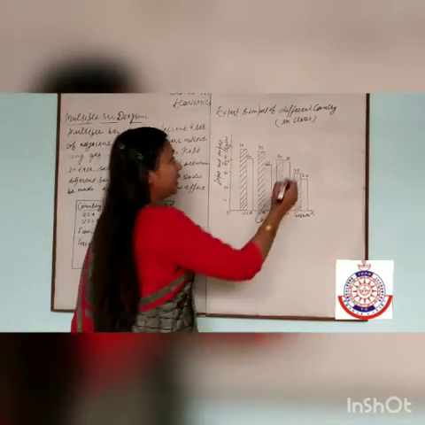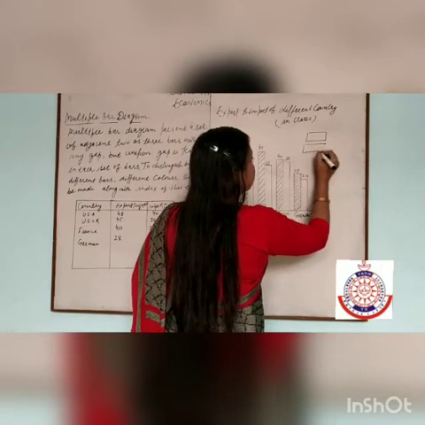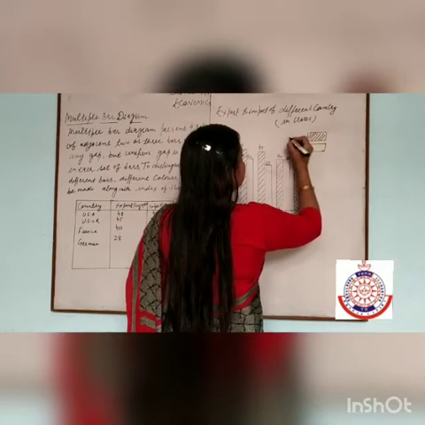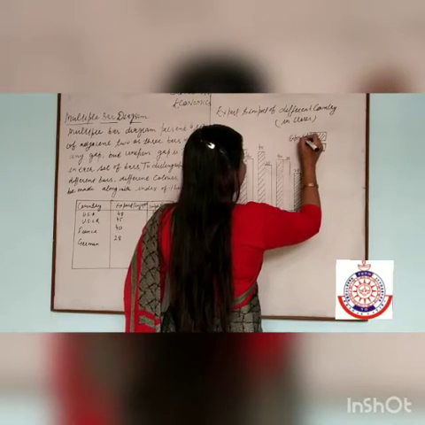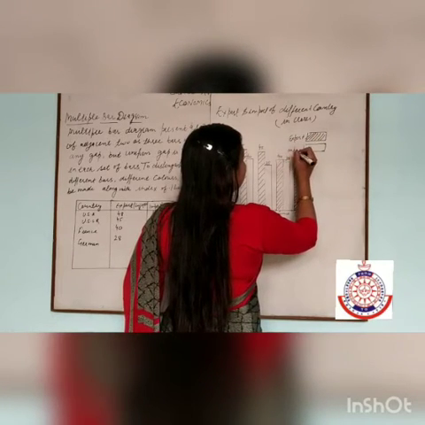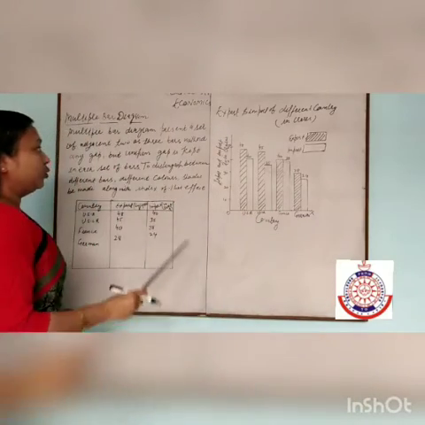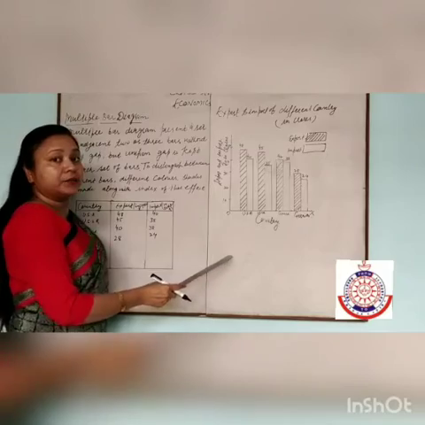You also show the index here, you will make the index. This bar shows the export and the blank column shows the import. This is our index. So, you know how we can make the multiple bar diagram.